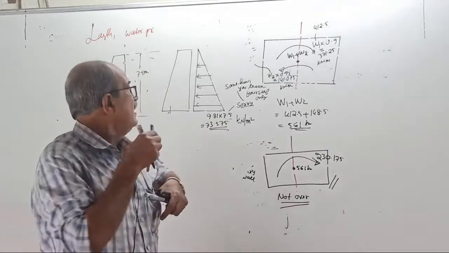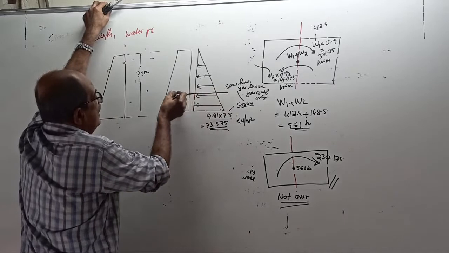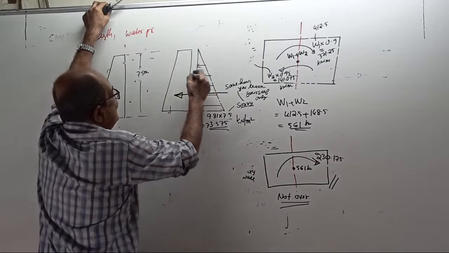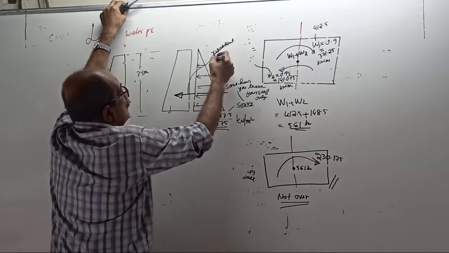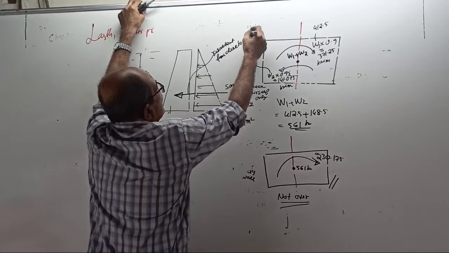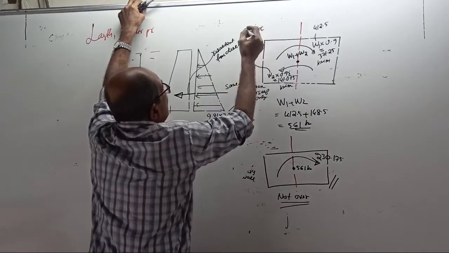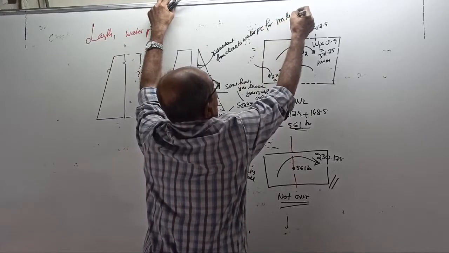Clear? Okay, done. Now this will give a lateral pressure resultant force here. See, this is the resultant force due to water pressure, for 1 meter length of retaining wall.